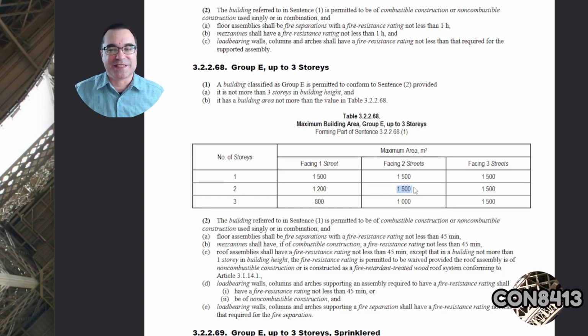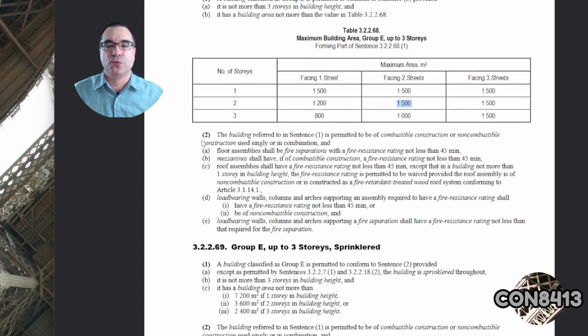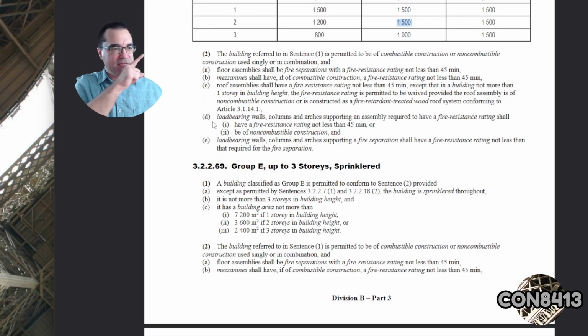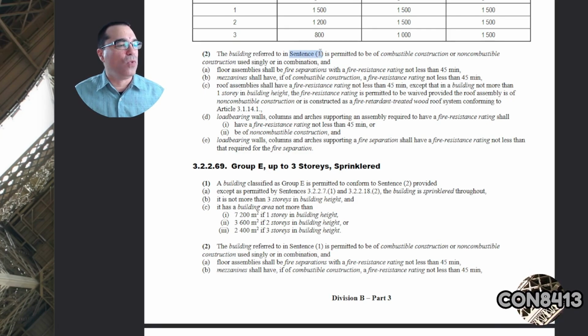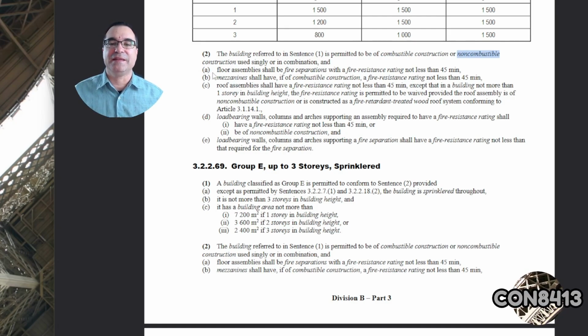Yes, we got this. So that means that we can continue reading and we can use the requirements in sentence 2. So in sentence 2, right here, it provides the construction requirements for this building. The building referred to in sentence 1 is permitted to be of combustible construction or non-combustible construction, used singly and in combination, and Clause A contains information about the floor assembly, and Clause C contains information about the roof assembly.